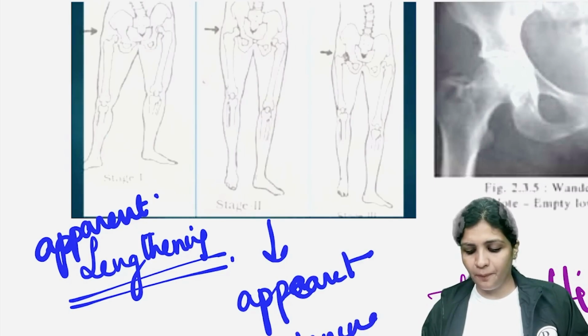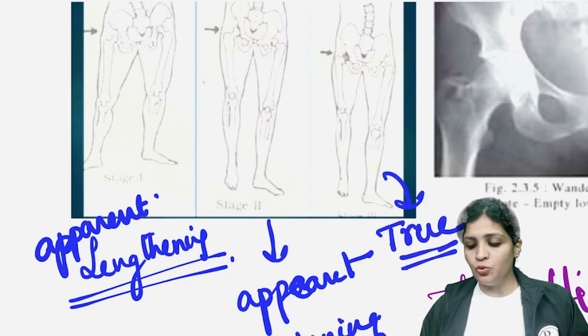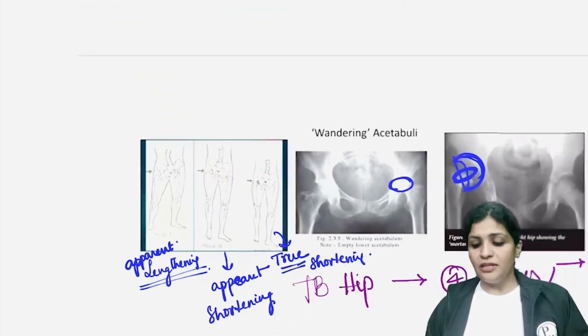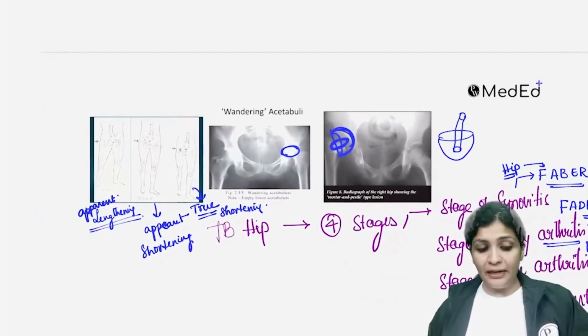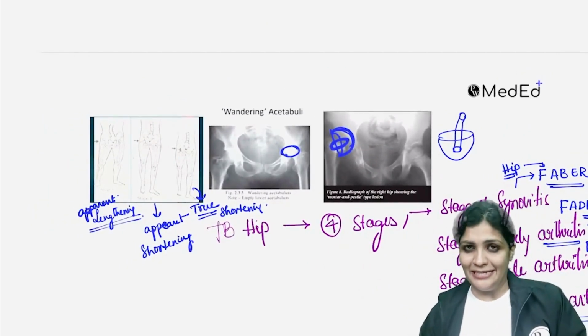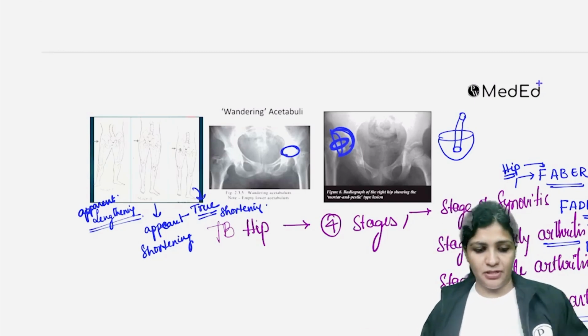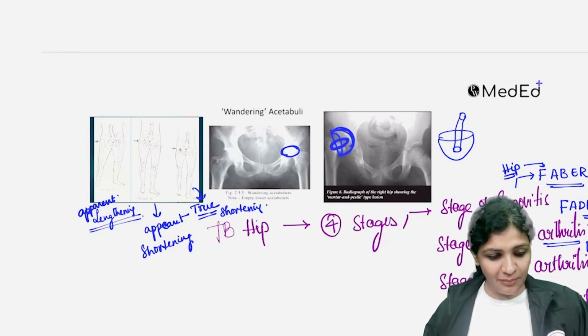And now in the stage 3, it is a true shortening. So these things you have to remember: the Faber, the apparent lengthening, apparent shortening and true shortening in 3 stages. And in advanced, it is wandering acetabulum and mortar and pestle appearance. Clear? I want an S from everybody.